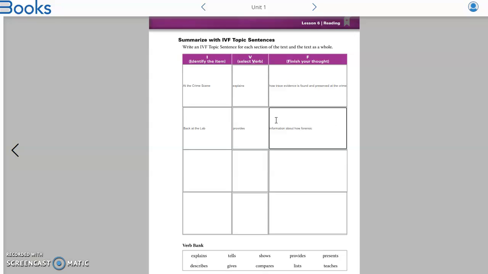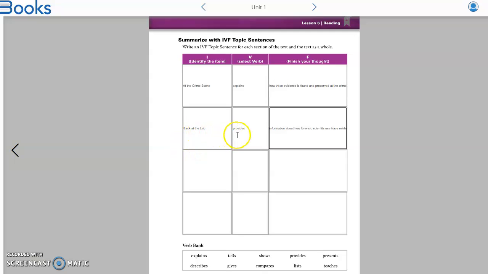forensic scientists use trace evidence and DNA to convict famous criminals. Okay, so I'll read this to you again.